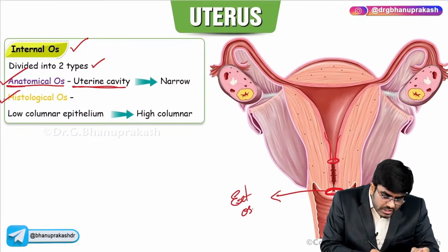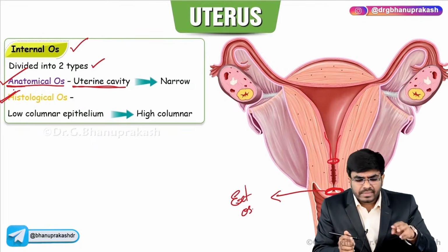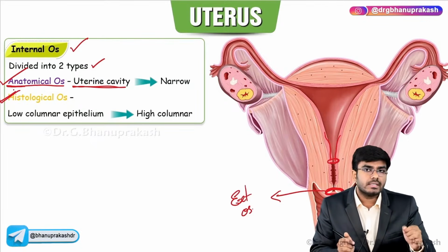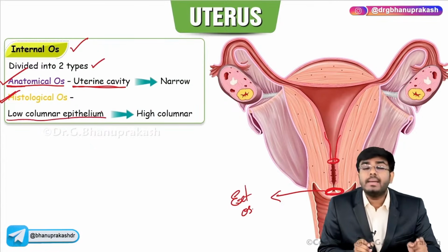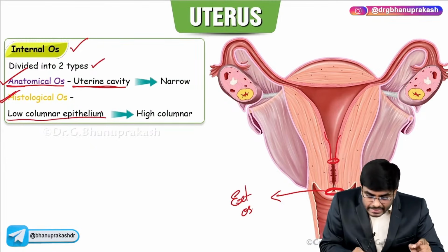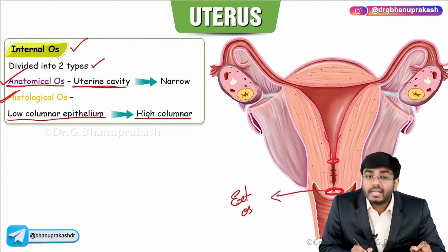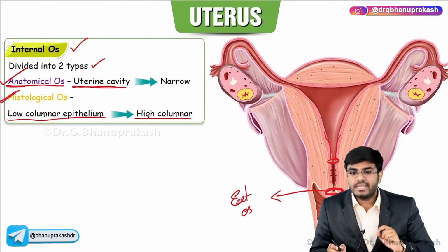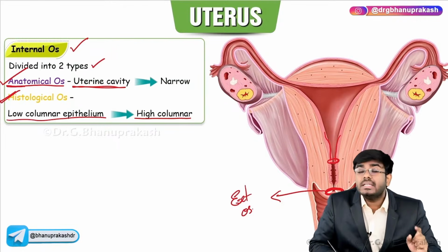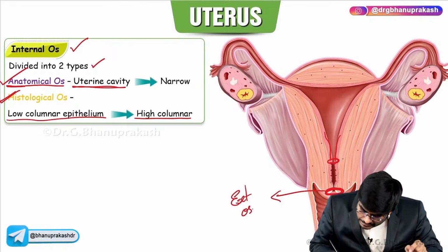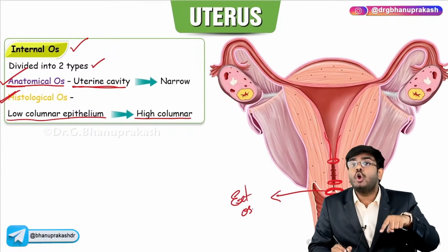And what is the histological os? Histological os means something histologically relevant, where the low columnar epithelium of the uterus is getting converted into the high columnar epithelium of the endocervix.